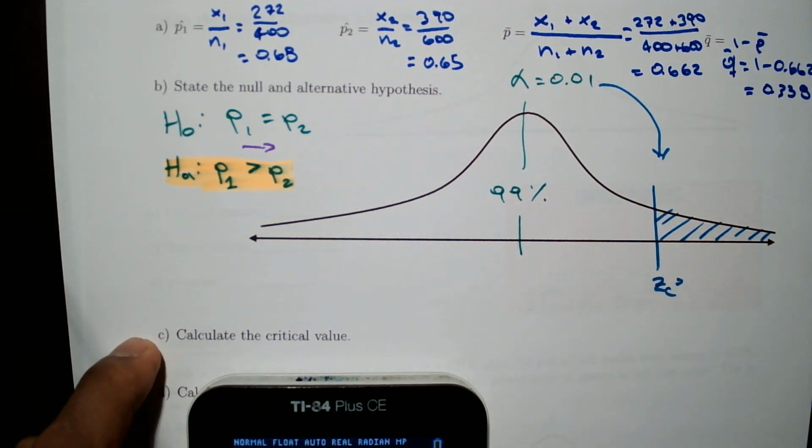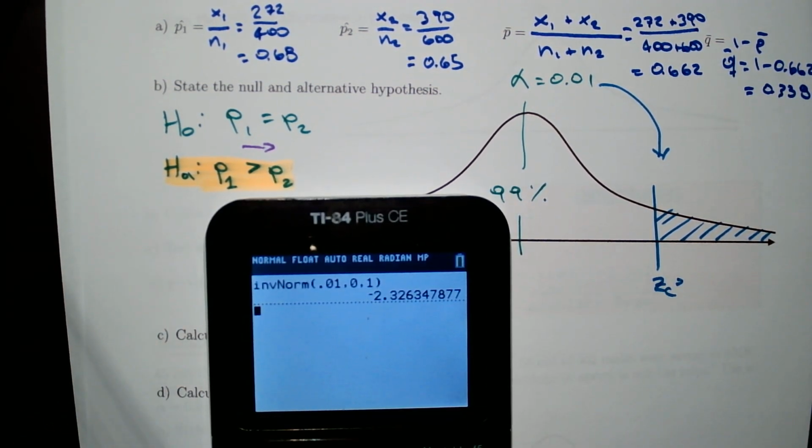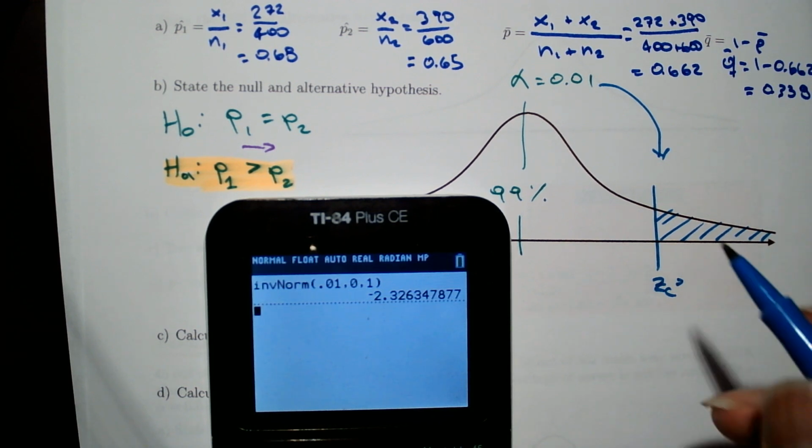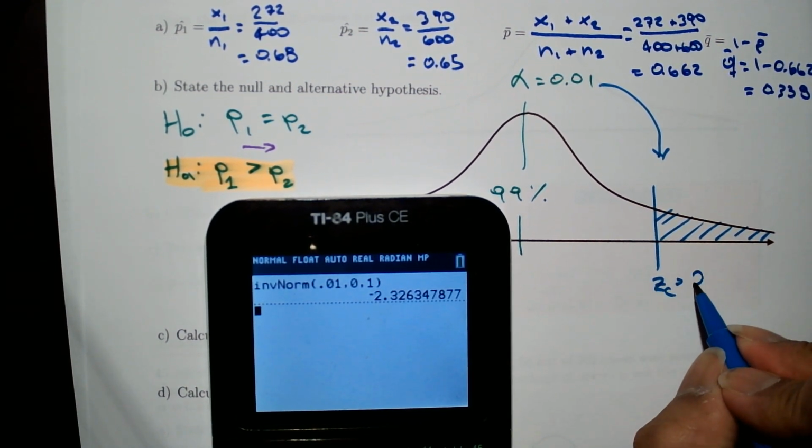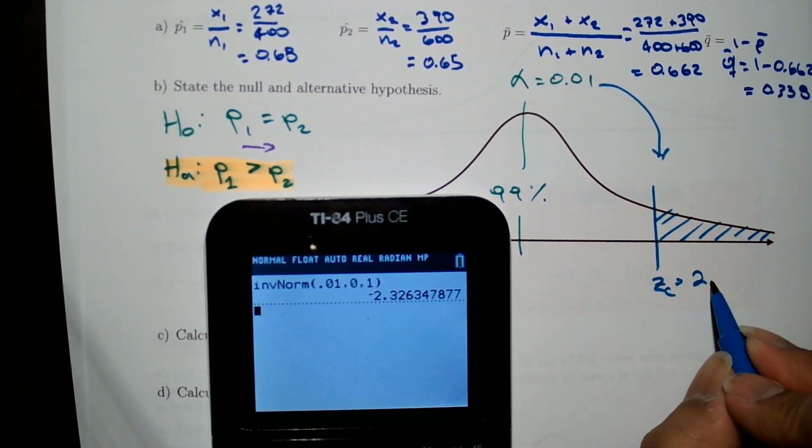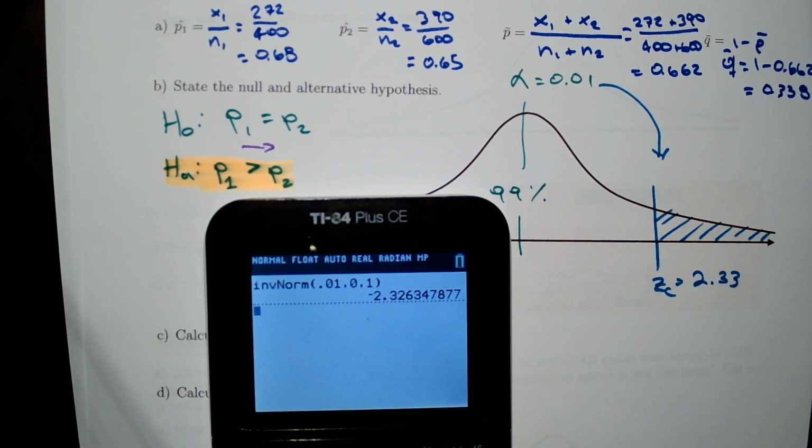However, it's okay to use that. Just be sure to change the sign to positive, and that's going to be 2.33. Keep in mind that these scores are rounded to 3 decimal places. Otherwise, do 0.99, and you get the same, but now with the opposite sign.